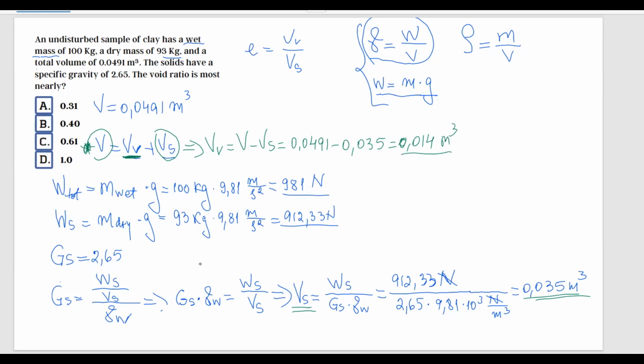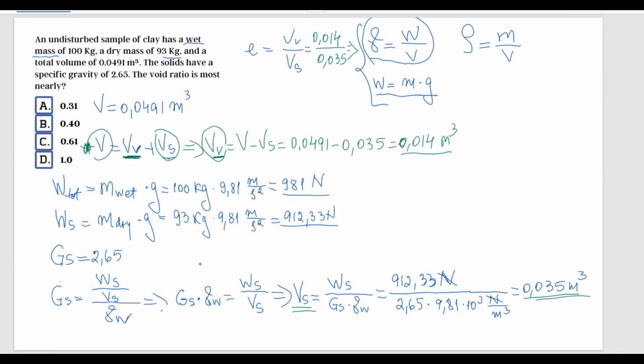Great. So we have now the volume of voids as well as the volume of solids previously calculated. We can come back to the void ratio formula and just add what we know. Volume of voids is 0.014 divided by 0.035.